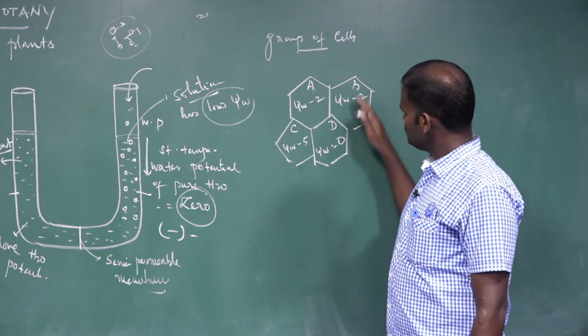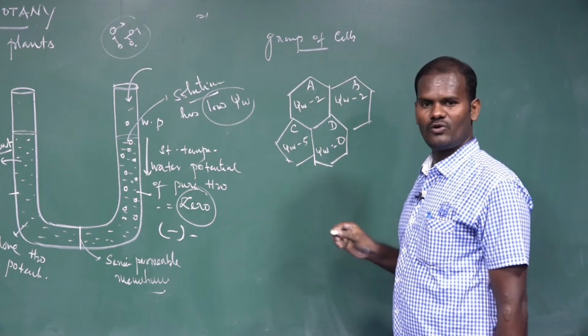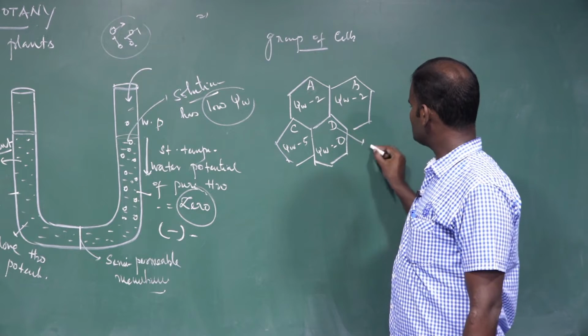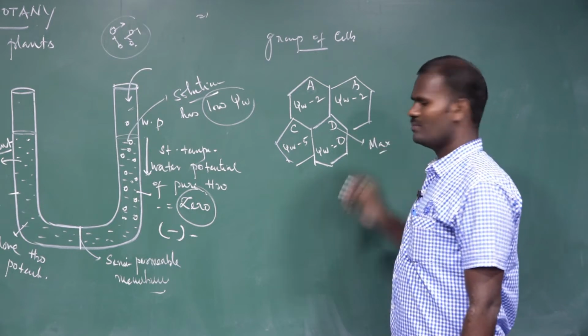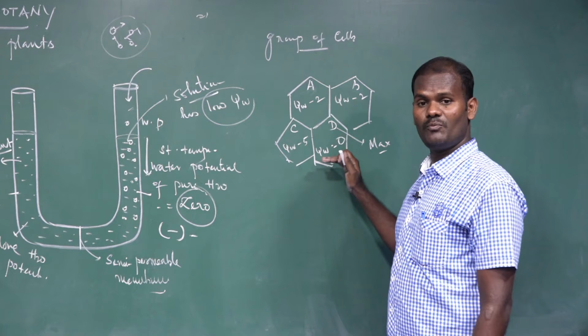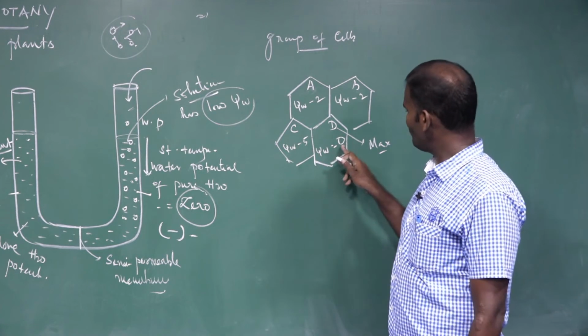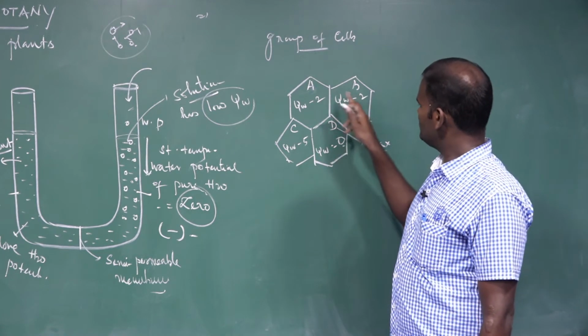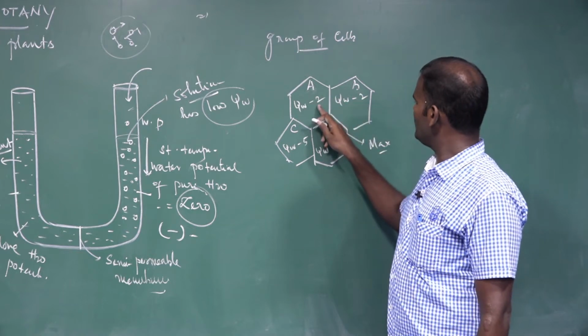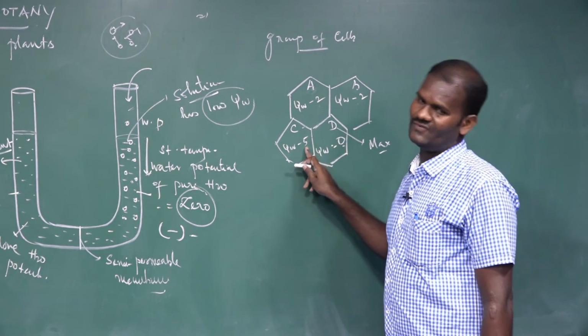When compared with all the cells, D has the maximum water potential, because the water potential of pure water is 0, the maximum value. So it has more water potential. A and B have less water potential, whereas C has even less water potential.